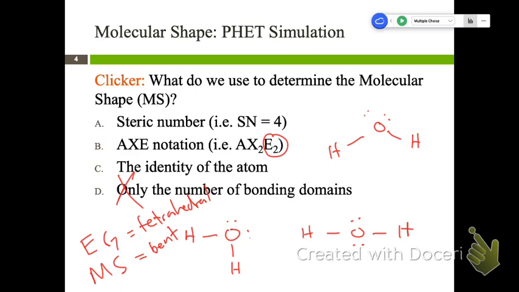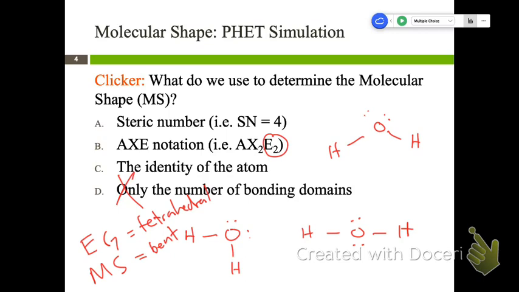Taylor brought up a very good point, and she says, well, if I want to do an extra step, could I use B to answer electron geometry? And what is that extra step? It's X plus E. So if we add up the X's and the E's, we can find the steric number. So yes, if you only had the AXE notation, you could get both from it.